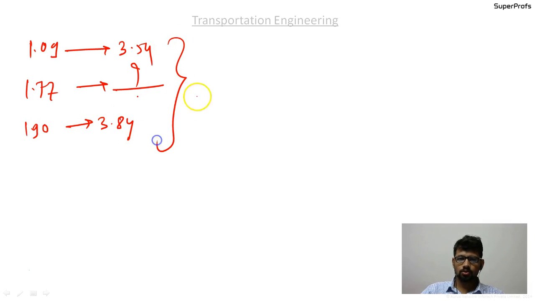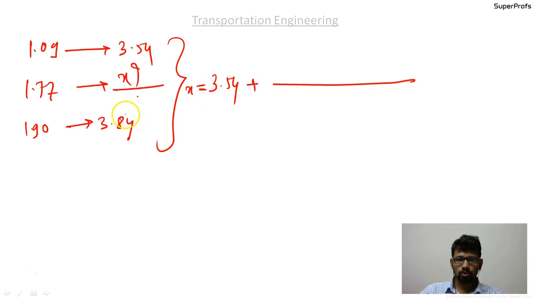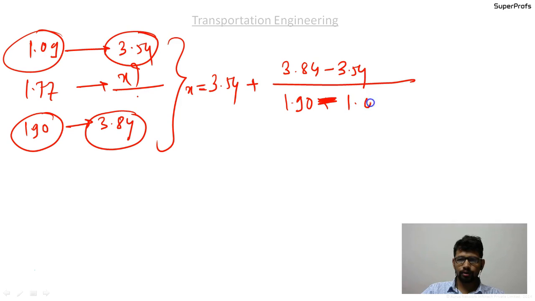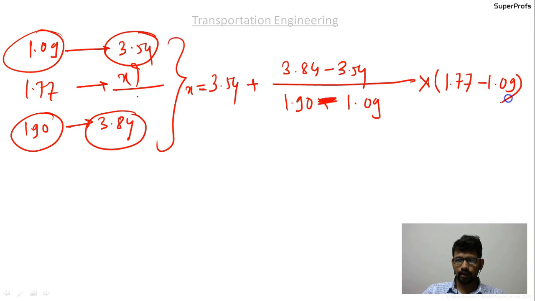So your calculation will be like this: 3.54, say this is x, so x equal to 3.54 plus, these two values, 3.84 minus 3.54 upon 1.90 minus 1.09, into 1.77 minus 1.09. Please tell me what is the value of this.